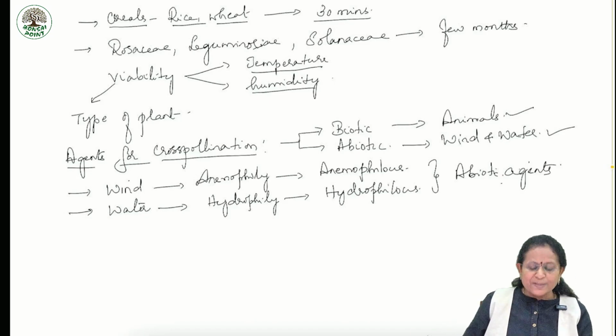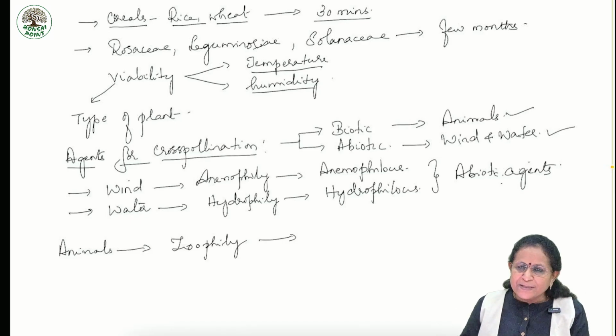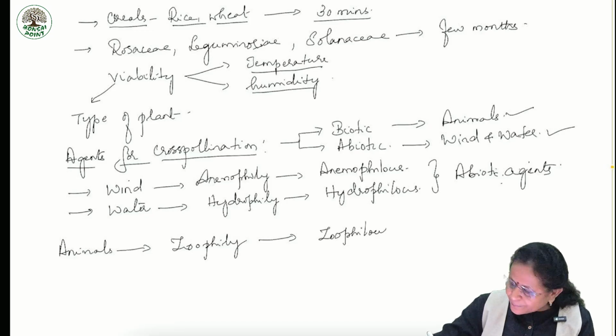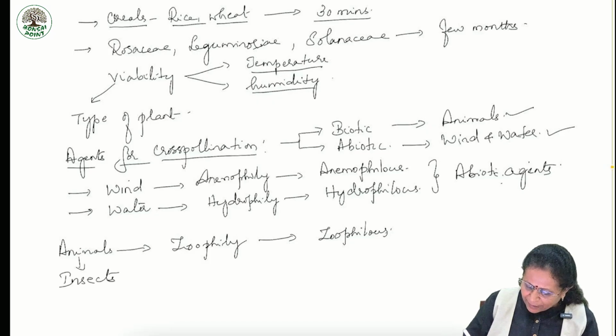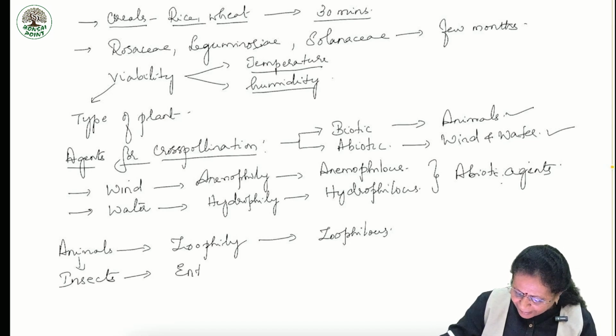Next, let us pass on to pollination by animals. What is pollination by animals called? Zoophily. Such flowers which are cross-pollinated by animals are called zoophilous. When I say animals, which are the common ones? Number one, insects. Cross-pollination by insects is called entomophily.